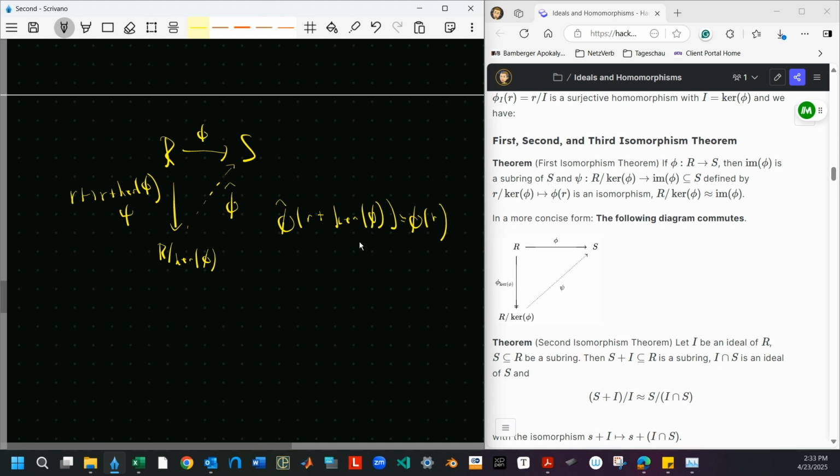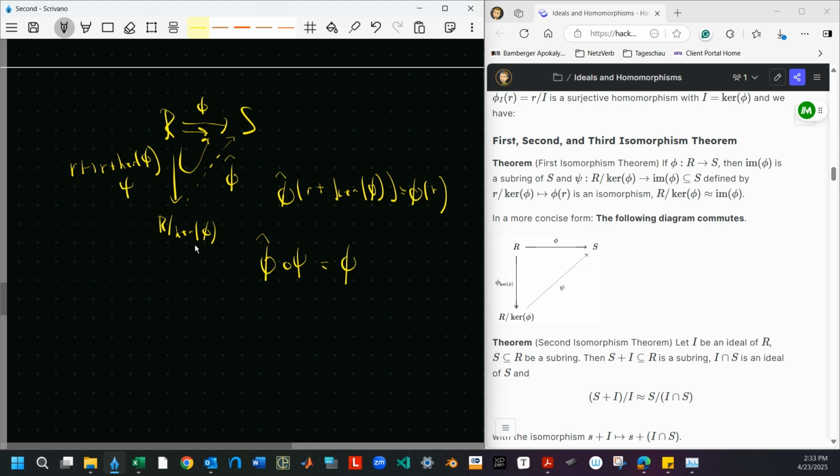So we say this commutes, because this says that phi hat composed with psi equals phi. So it's called a commuting diagram because if I go this way, I do the same thing as I would if I went that way. Lots and lots of algebraic theorems can be written by drawing pictures like this and saying it commutes. And that's it. That's the whole argument.